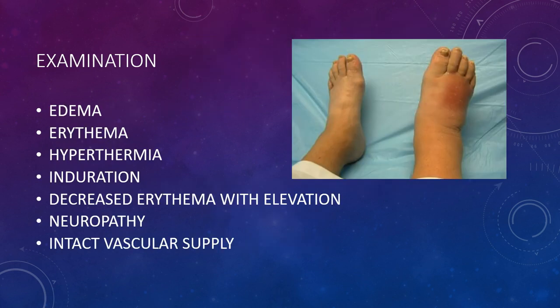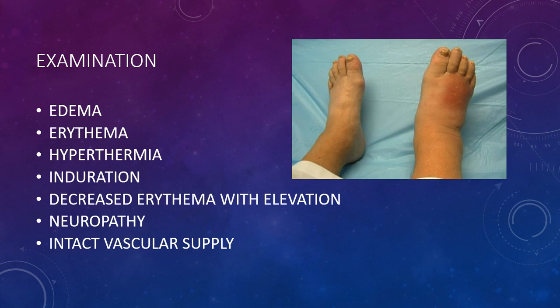So the examination of the Charcot patient typically includes unilateral edema with warmth, increased temperature, some degree of induration is frequently present. There may be decreased redness or blanching with elevation. The patient presents with neuropathy, and while we most commonly see this in the patient with diabetic neuropathy, we certainly see this in any disorder with which neuropathy is associated.